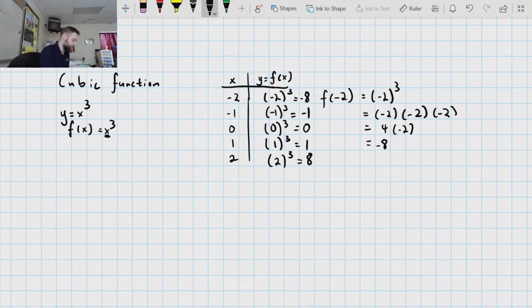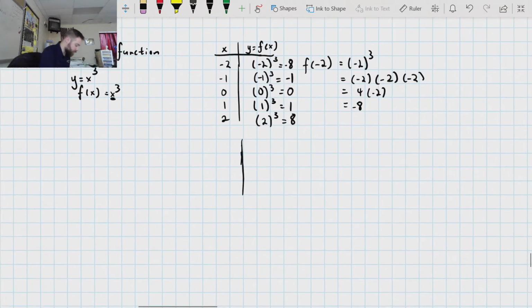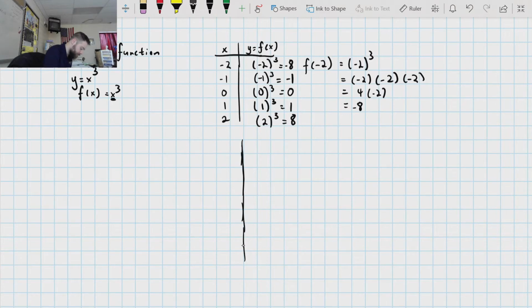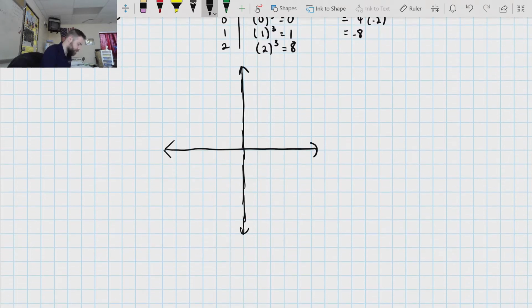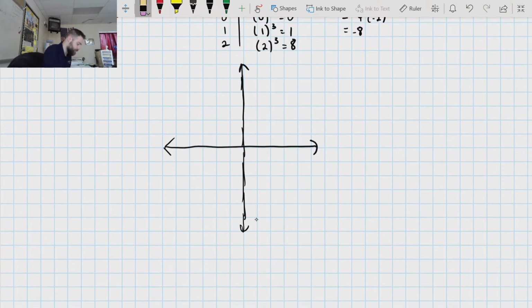So what I'm going to do is draw my axis here. If I plug in -2, I'm going to get back -8. Let me erase this and extend it.